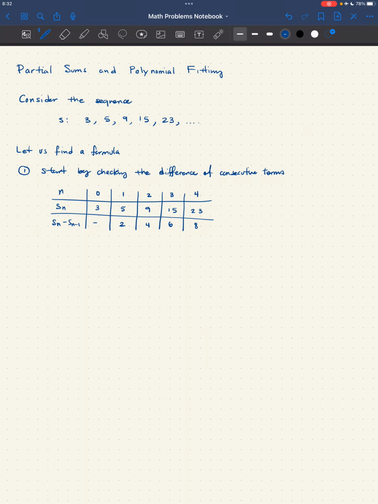So now, something that we have to notice is that the differences follow an arithmetic sequence. And we're going to take advantage of that, because now we're going to rewrite the terms of the original sequence using these components. So let's proceed. Use this data to rewrite.